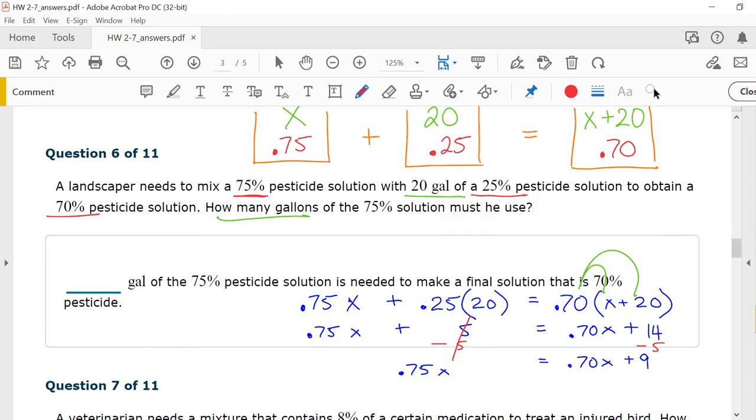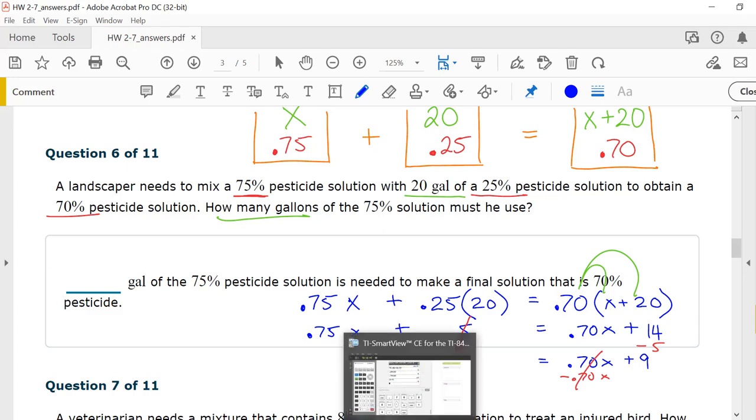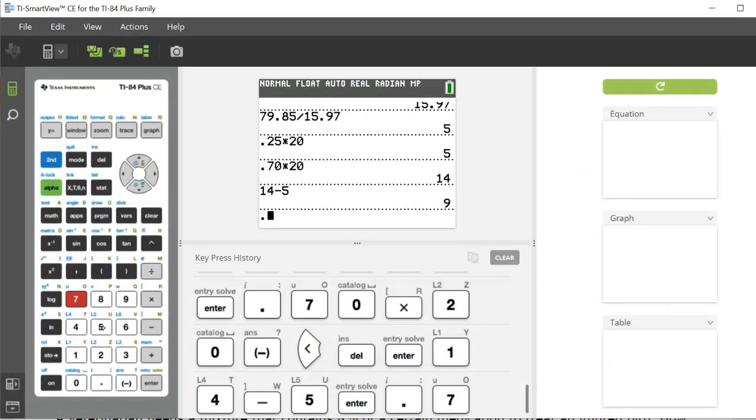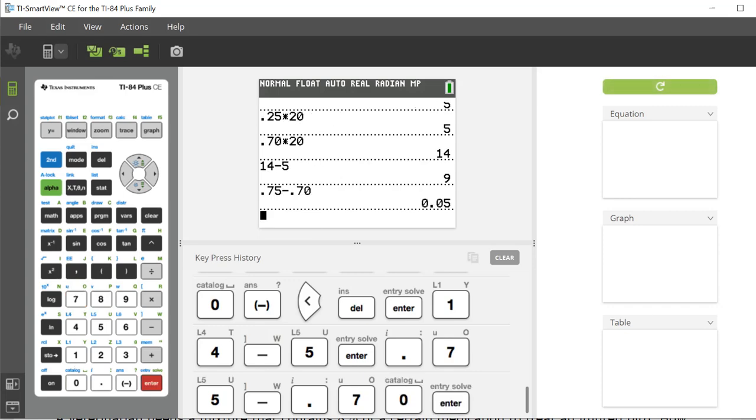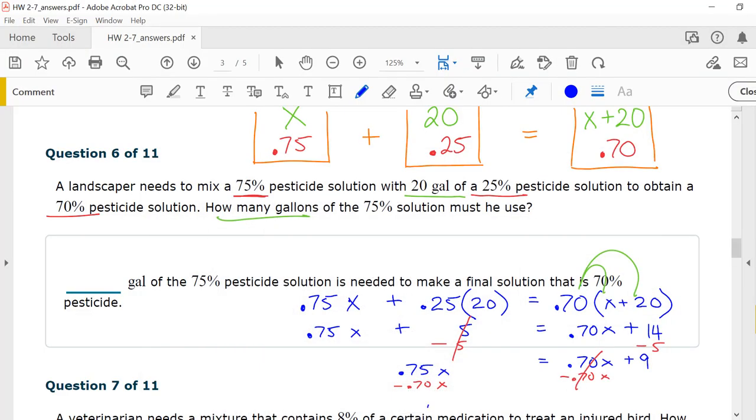Now I'm going to subtract 0.70x. 0.75x minus 0.70x is 0.05x, and that equals 9.